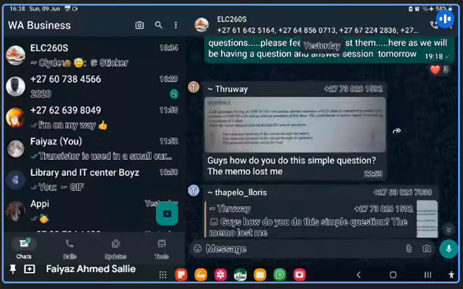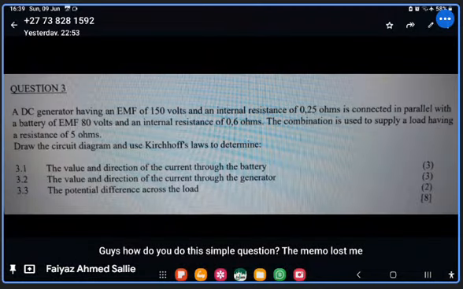Someone asked another question. So question number 3. Does anyone know from which question paper is this question from?